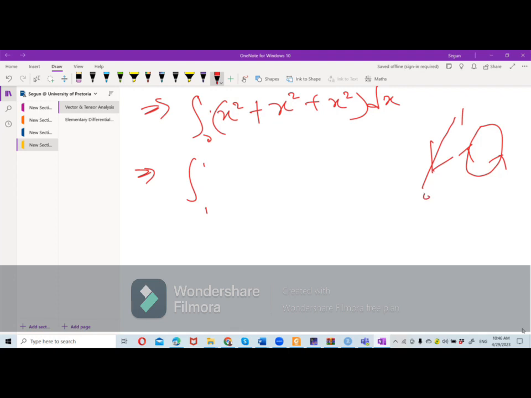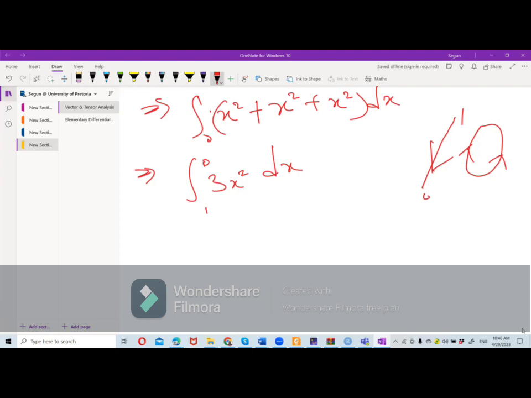So at the end of the day, we have 3 cases, which is 3x squared: x squared plus x squared, 2x squared plus this x squared dx.